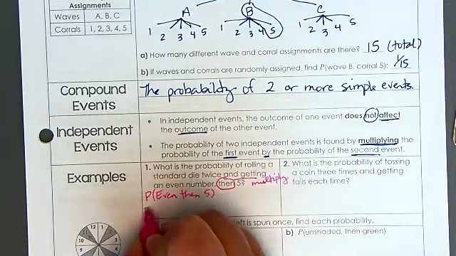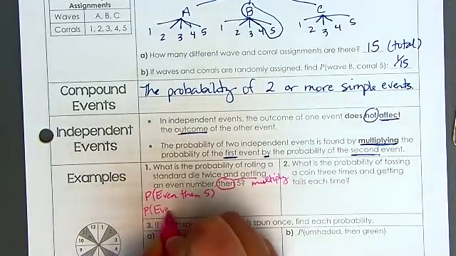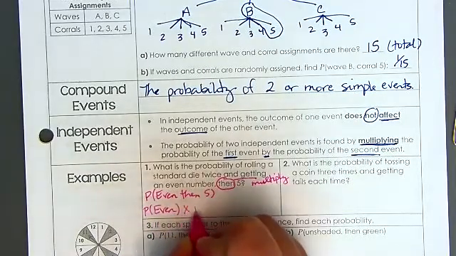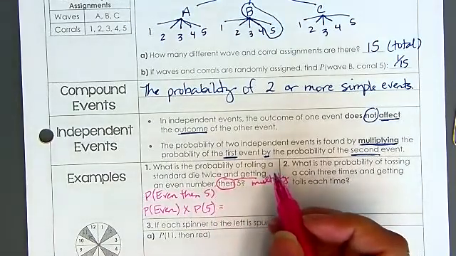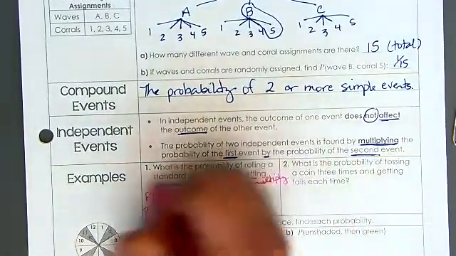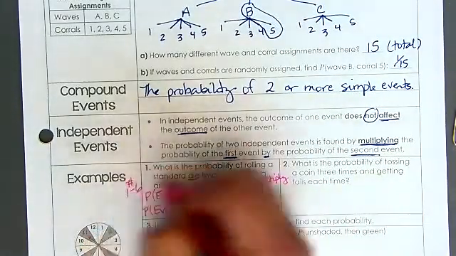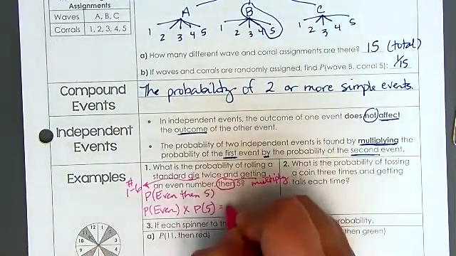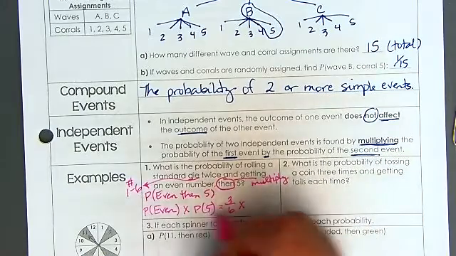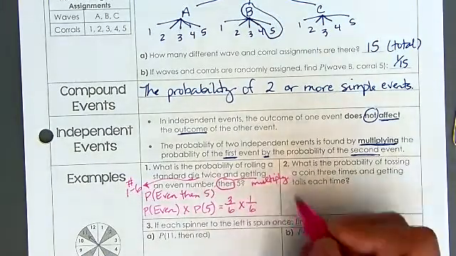So to do this, I do the probability of even times the probability of 5. I've got a die, so that's going to be the numbers 1 through 6. For it to be even, that's 3/6, times how many 5s? 1 out of 6.